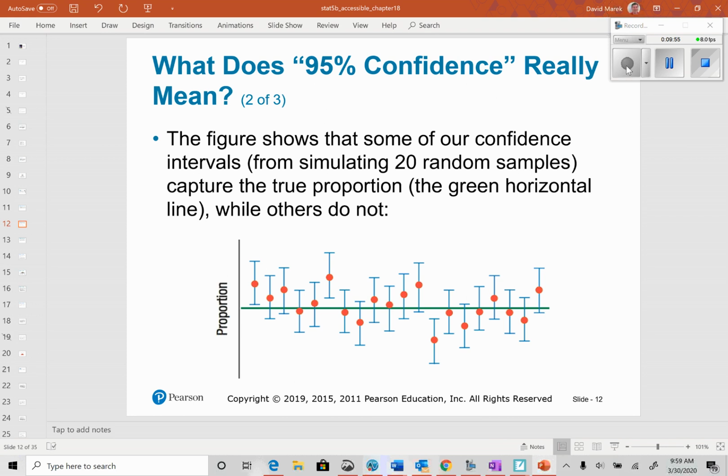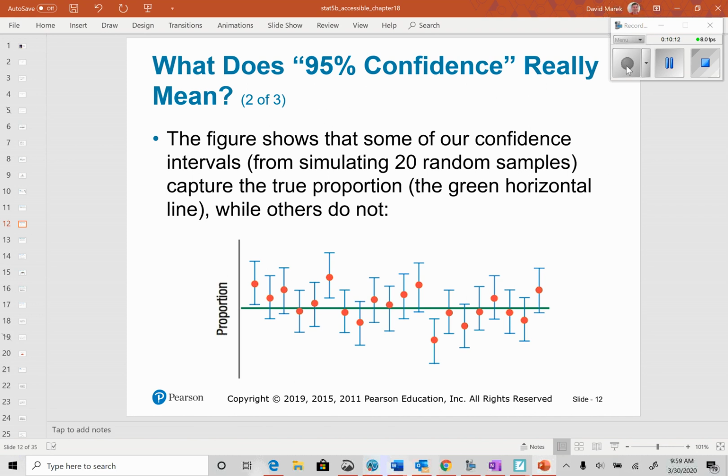We take the sample statistic, those are the red dots. And sometimes it's too high, sometimes it's too low. Sometimes you came awfully close. And again, that's sampling variability.